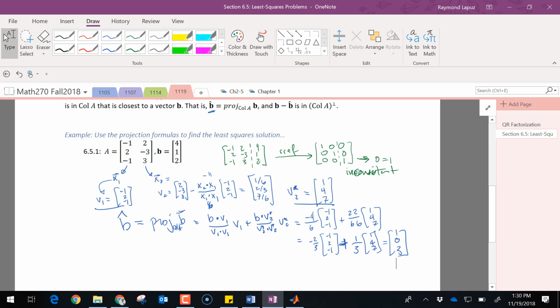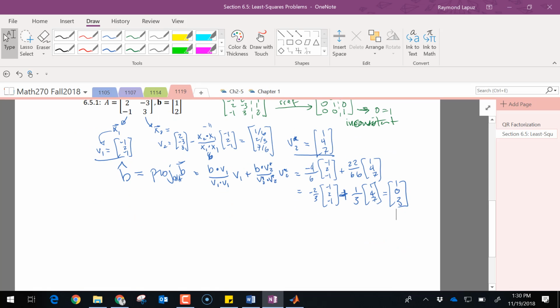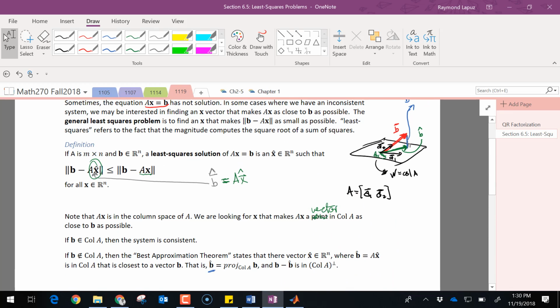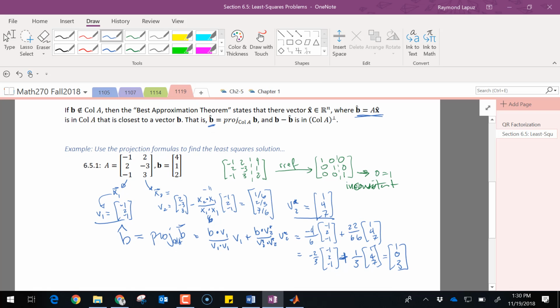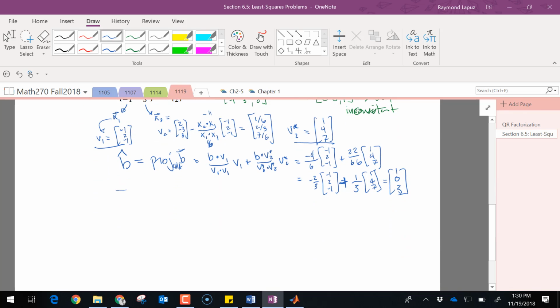Is that our answer? No. Remember, B hat is just this vector that's on the plane that's closest to B. But we want to solve for X hat. So A X hat is equal to B hat, and this is what we're looking for.